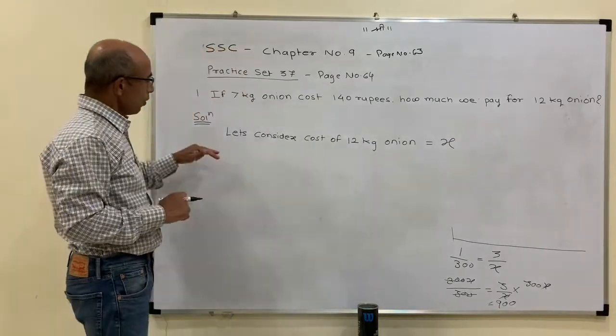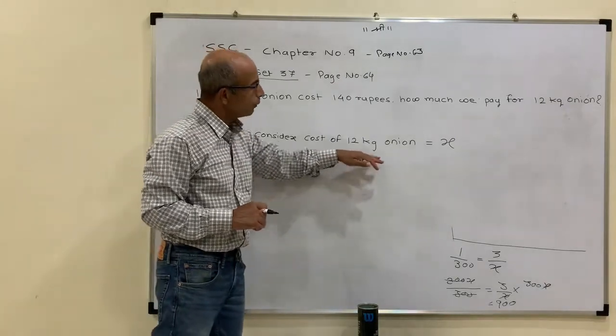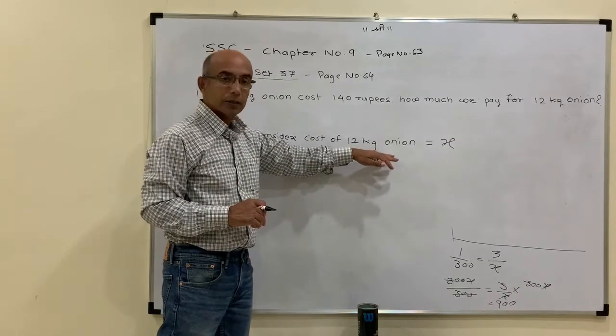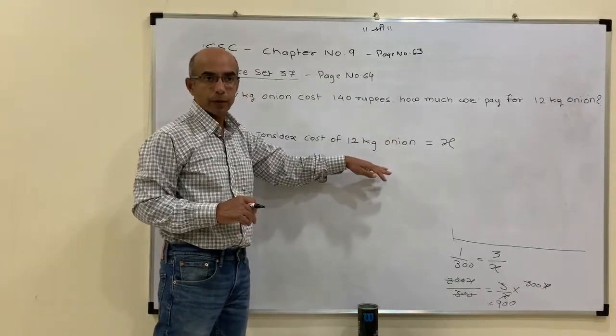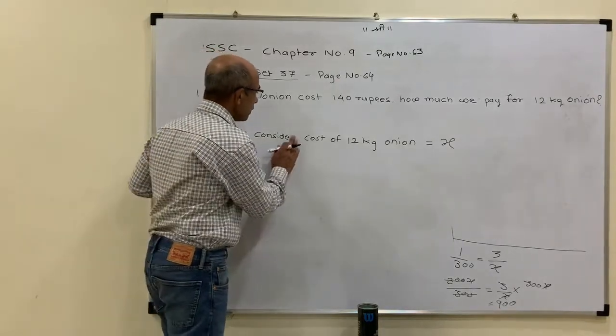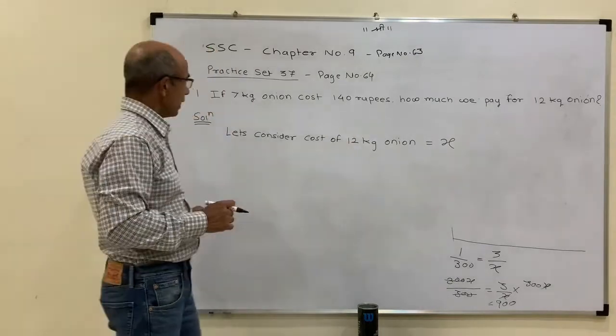So now, first what I am doing, I am considering the value of 12 kg, the answer which is to be found. So my first step is to consider the cost of 12 kg onion equals x.